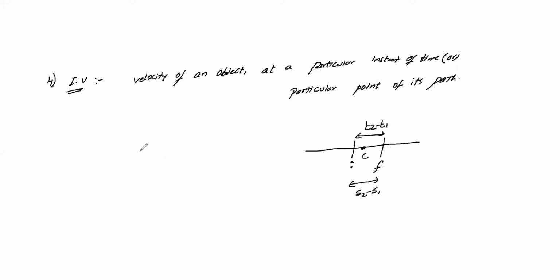Taking the vector quantity, it is dx by dt, or ds by dt, the rate of change of displacement. The unit is meter per second. The same can be written as S2 minus S1 divided by t2 minus t1. This is your instantaneous velocity.